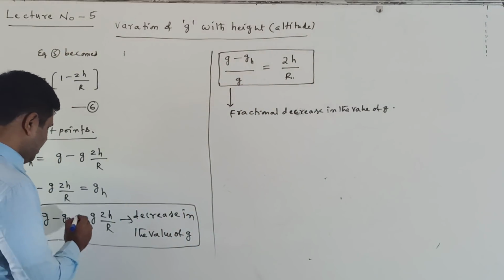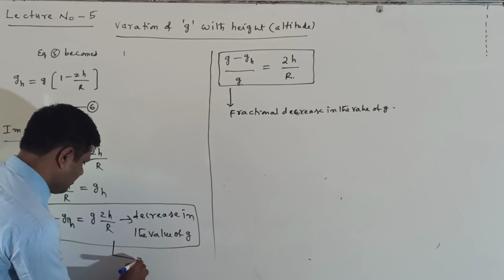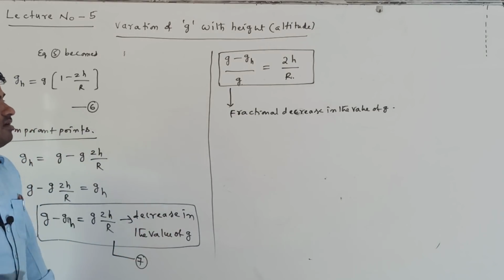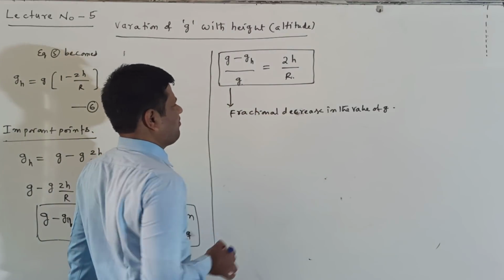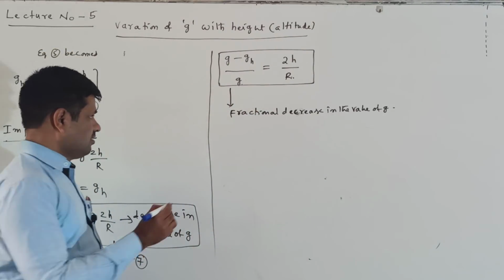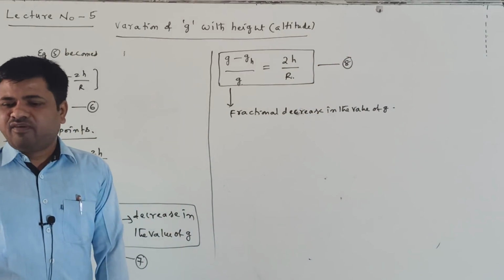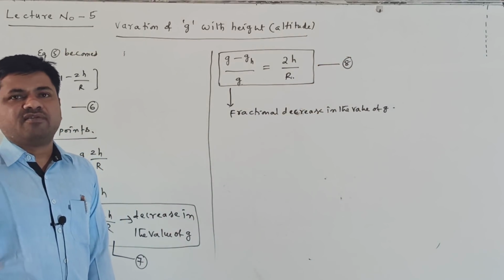Right, this is given as equation number 7. Here g minus g_h is called a decrease in the value of g. g minus g_h by g is called a fractional decrease in the value of g. This is given as equation number 8. Next I want to find the percentage decrease in the value of g.